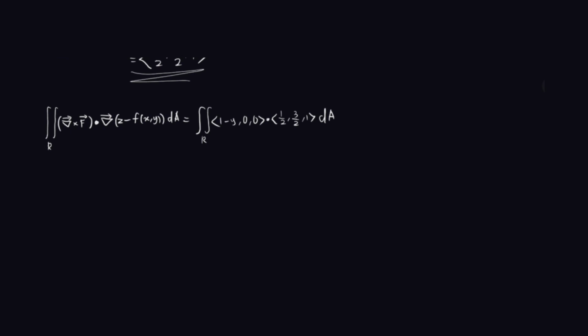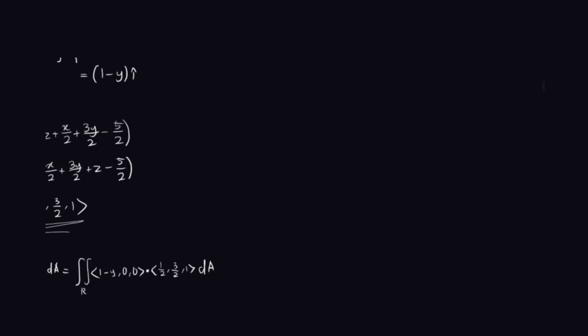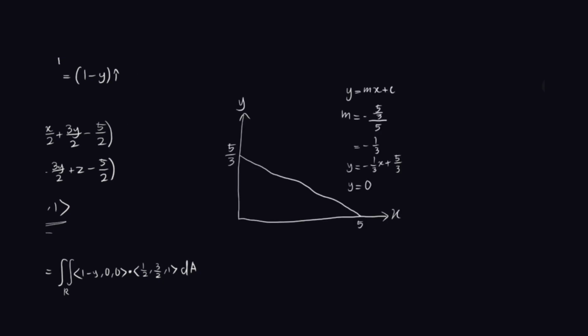So after that, we need to determine the limits for x and y. For y, we need to draw an xy plane and, for that matter, find this line equation. So my line equation is y equals negative 1 over 3 x plus 5 over 3. So this is the upper limit, and this is the lower limit.